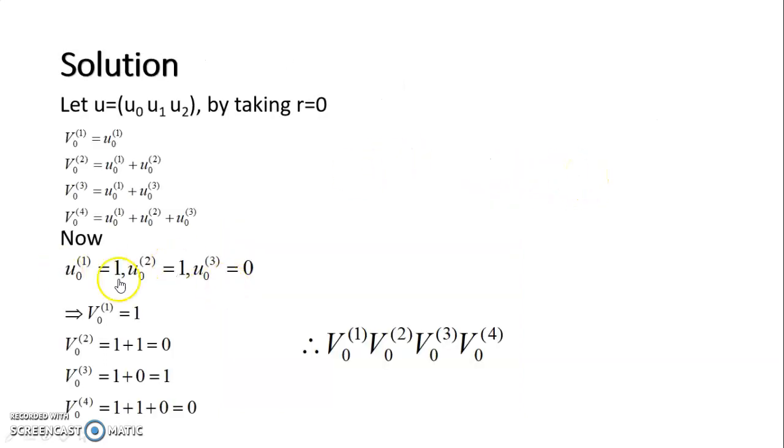So considering these three values, we can easily calculate this value. V01 equals 1. V02 equals U01, that is 1, and U02, that is also 1, which equals 0. By this way, we can calculate the total. So all V0 values are calculated here.